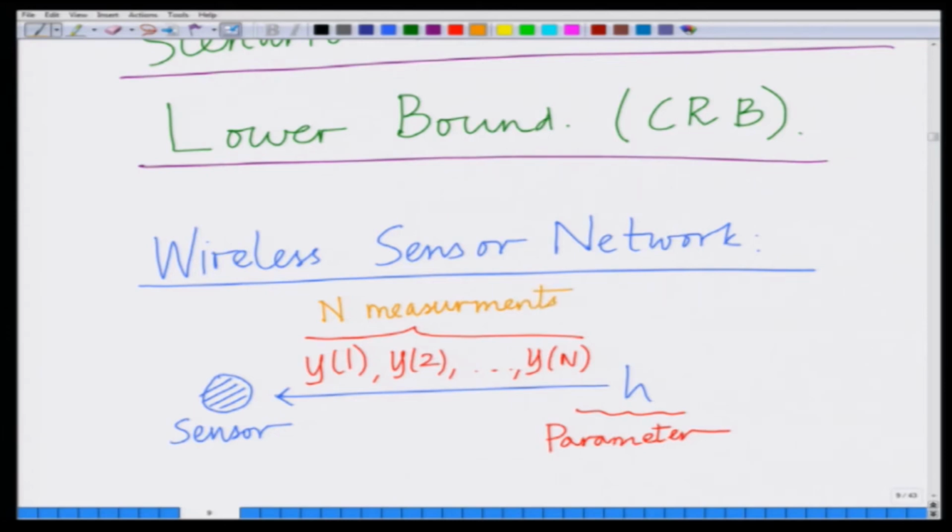Each observation yk is given as the parameter h plus the noise Vk, that is, the parameter h being observed in additive white Gaussian noise.